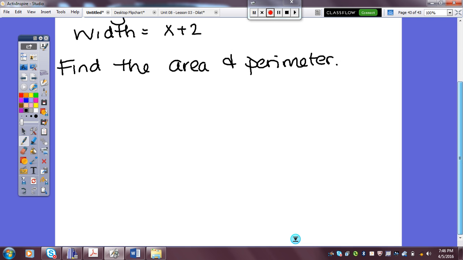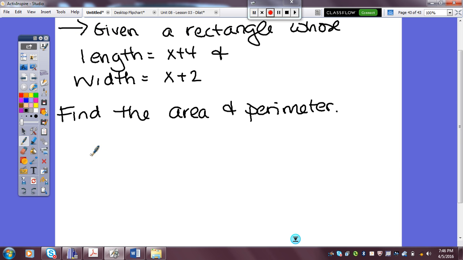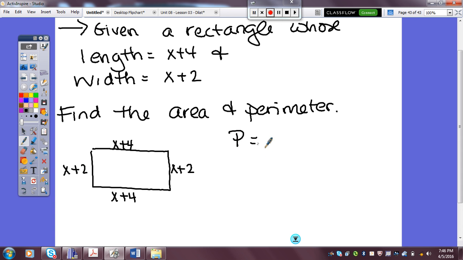So, I see the word rectangle, I immediately draw a picture. My length is x plus 4, I'm going to fill that into my picture. X plus 4, x plus 4. My width is x plus 2, so x plus 2, x plus 2. So how do I find the perimeter of something? You add up all the sides.